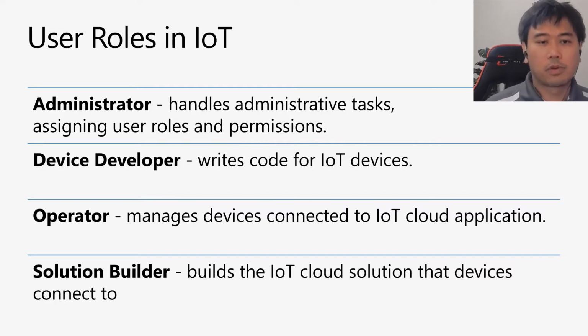So the device developer is responsible for those updates. And then the operators are the ones who manage the devices that are connected to your Internet of Things application. They typically are the ones who monitor what's going on, part of operational technology.